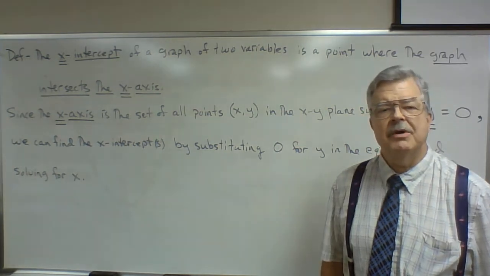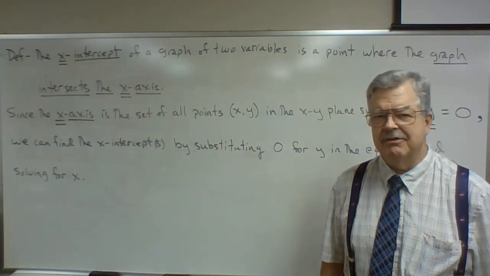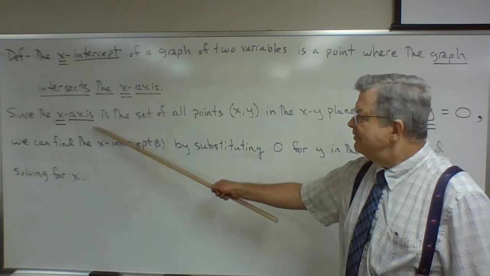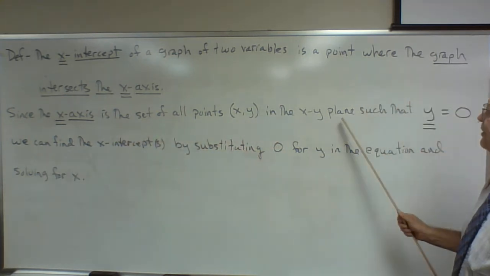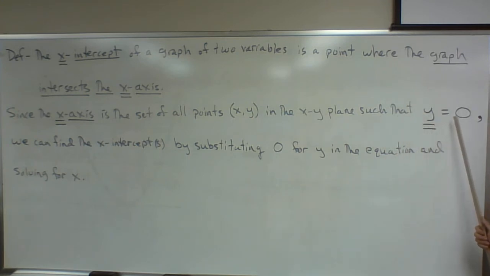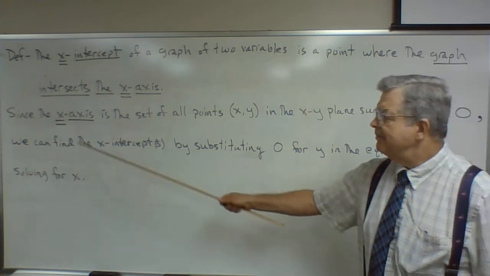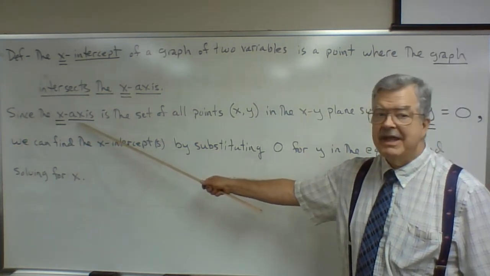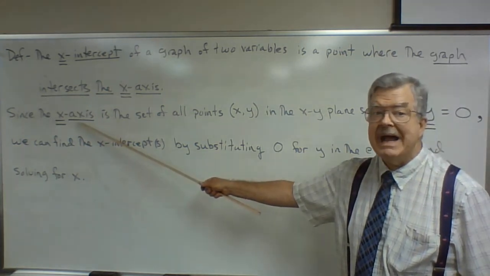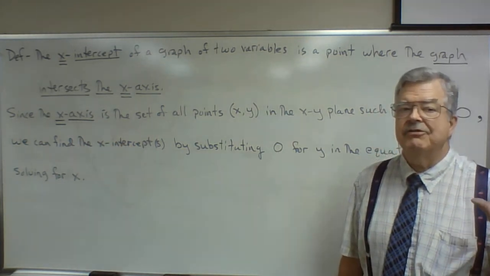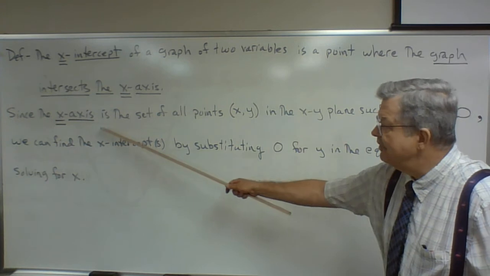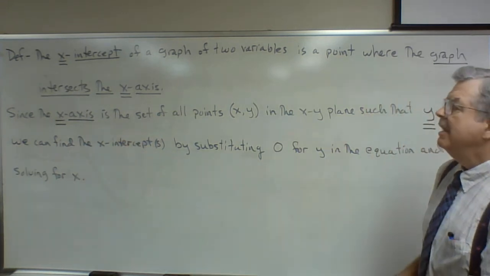Well, remember what the x-axis is. Since the x-axis is the set of all points in the xy plane such that y equals 0, any point on the x-axis has a y-coordinate of 0, and any point that has a y-coordinate of 0 is on the x-axis.